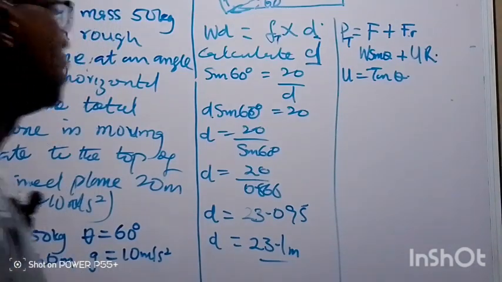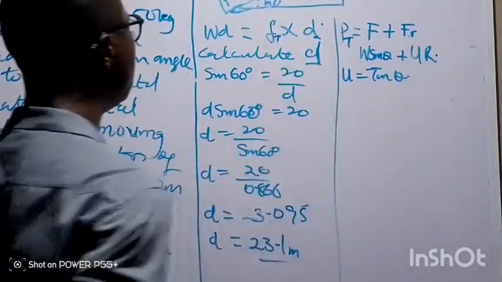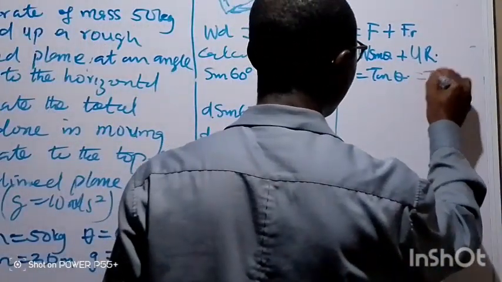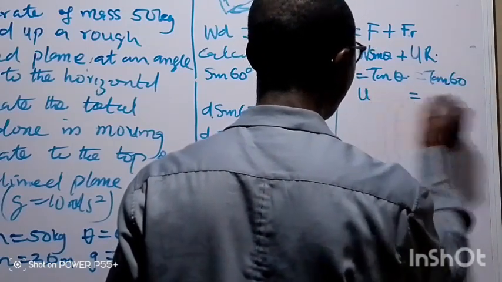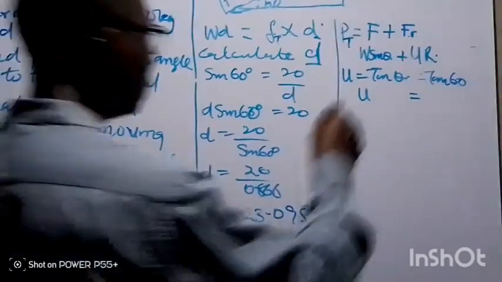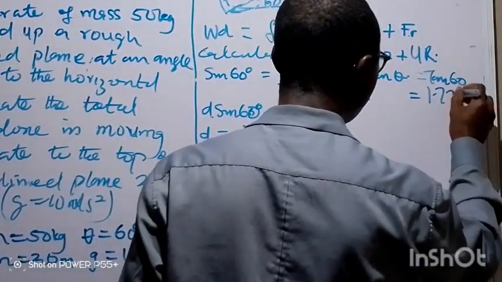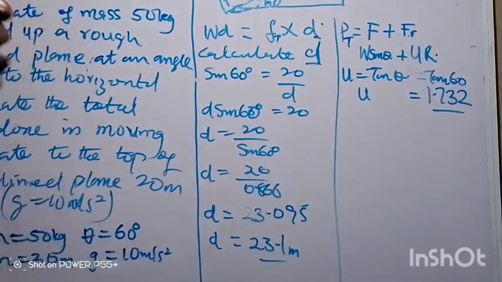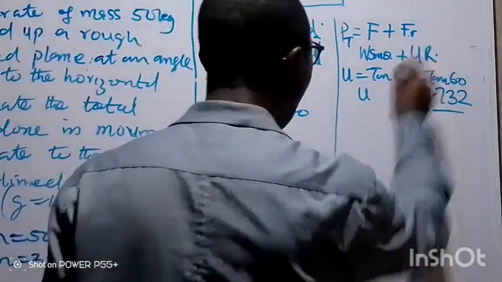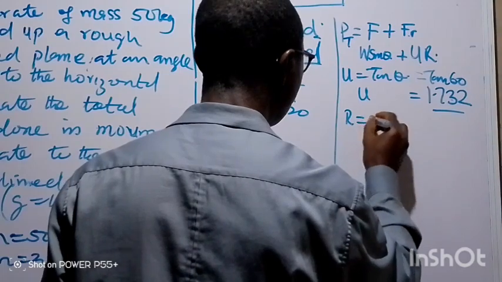So our theta is 60, so this will be equal to tan 60, and tan 60 will give us 1.732. Mind you, the coefficient of friction is a dimensionless quantity. It has no unit.